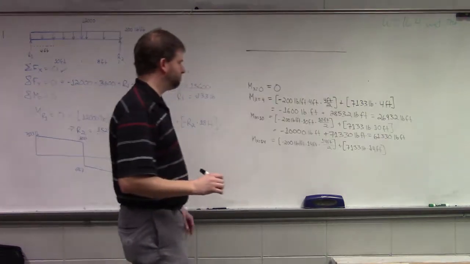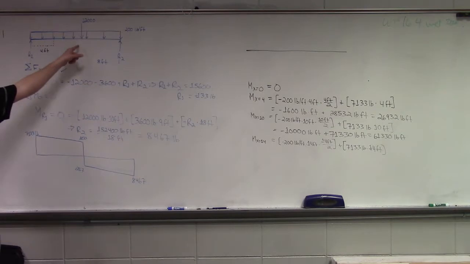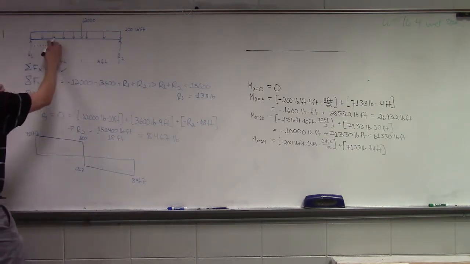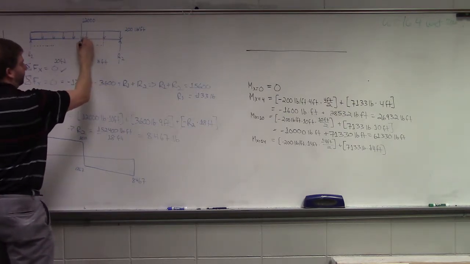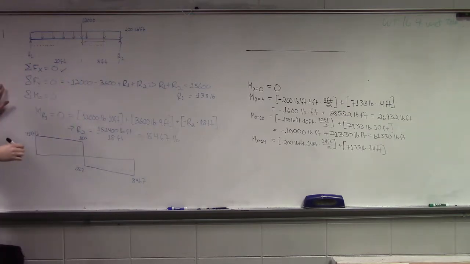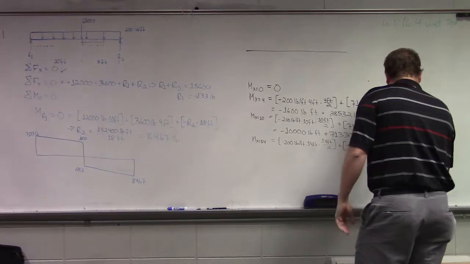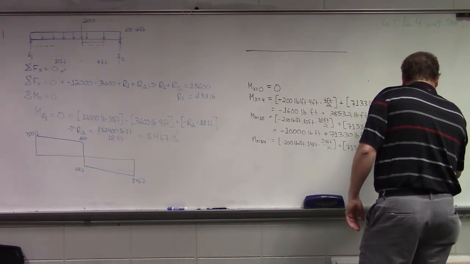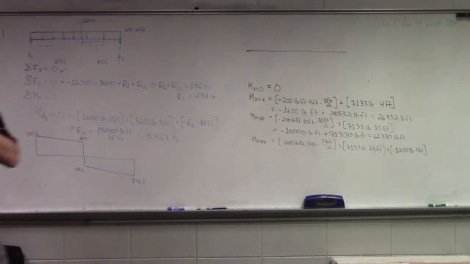But do we have to take anything else into account? Yeah, the 12,000 pound load, it came at the 10 foot point, right? Because now we're over here. Where were we at? 14. So 12,000 times 4. Yep. Now this distance is negative 4 feet, right? So negative 12,000 times 4. Okay? Everybody see that? Yeah. Okay.